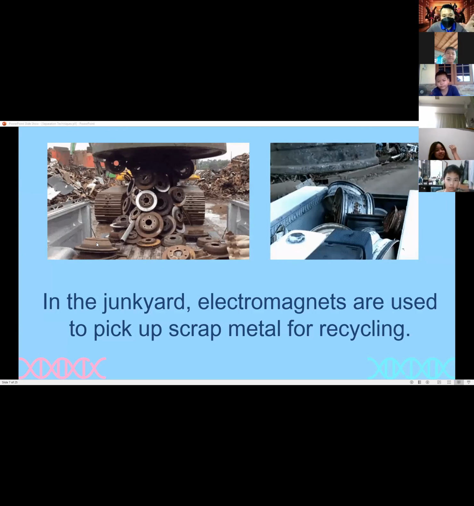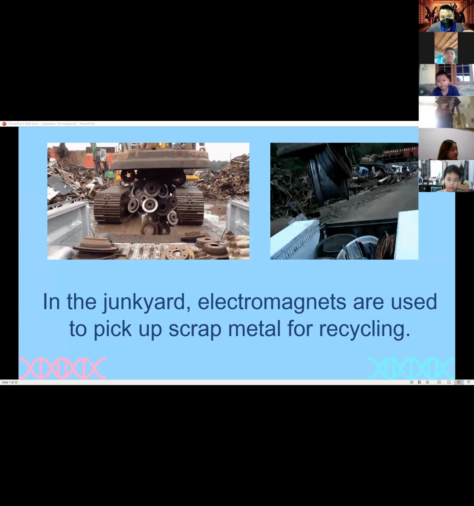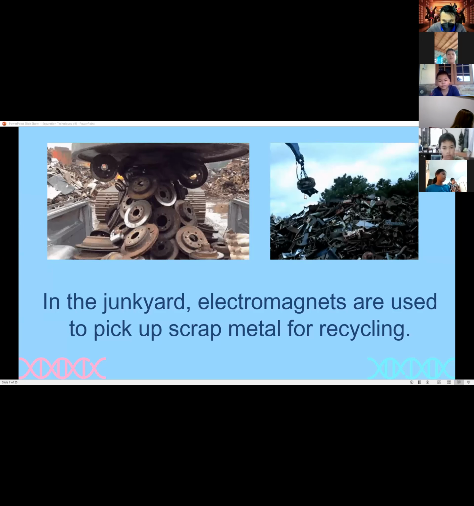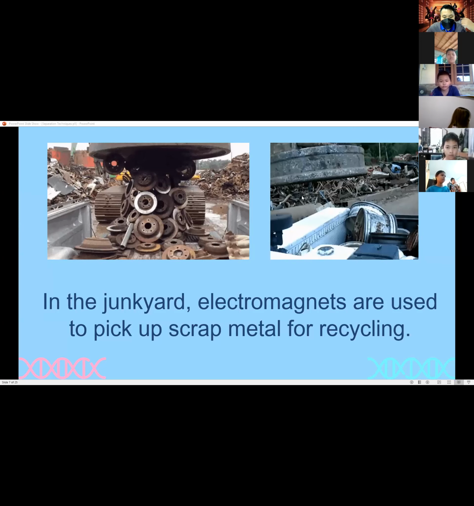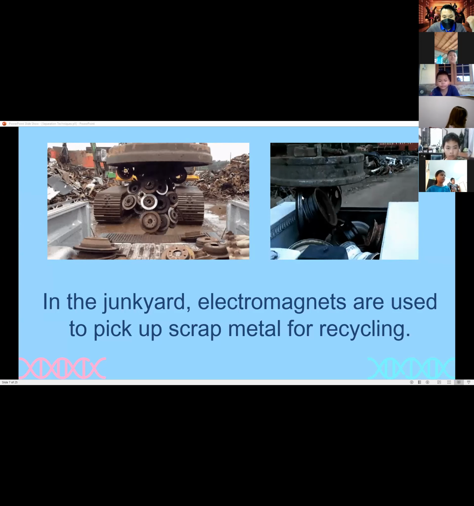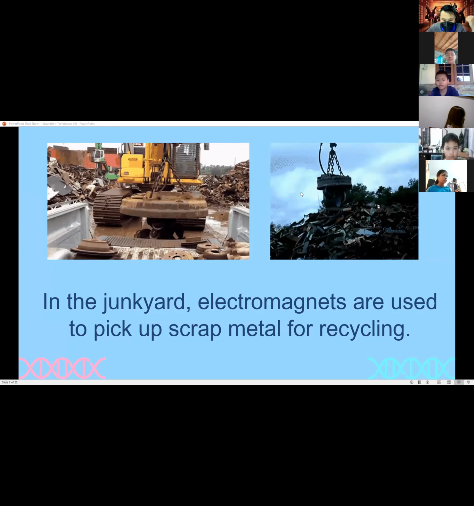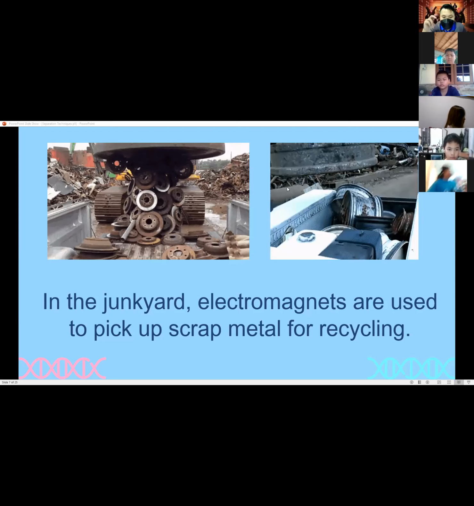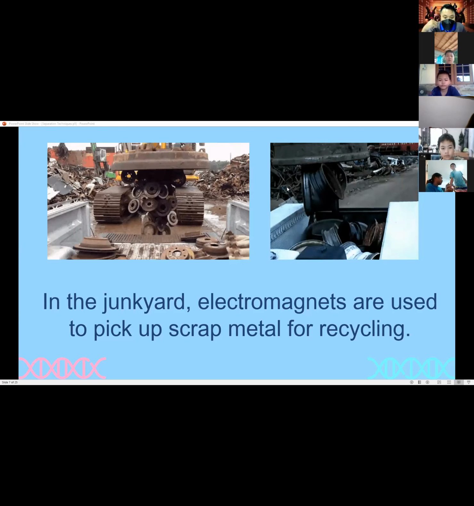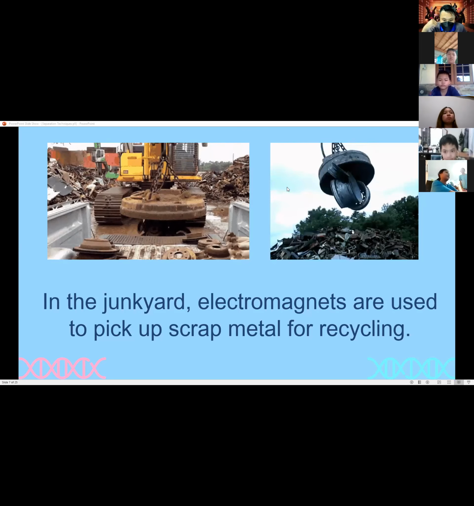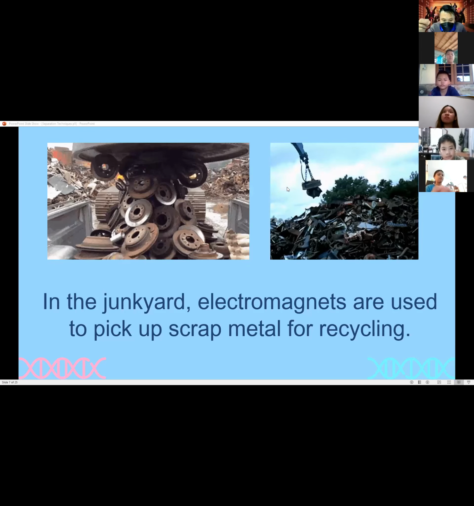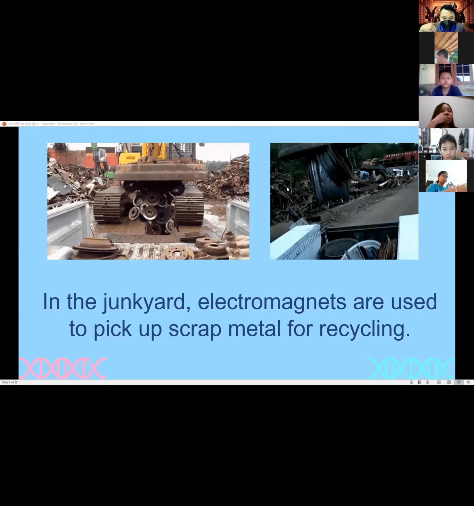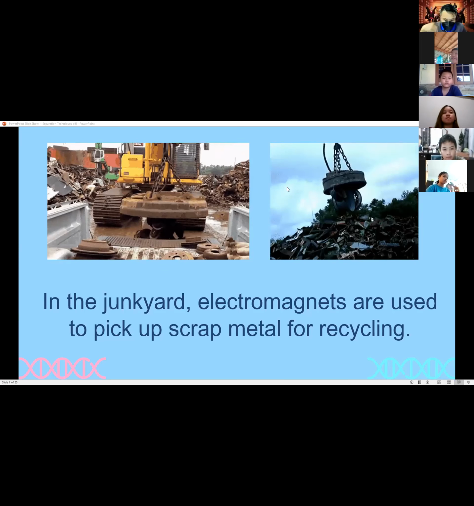So here, they get all the metals and then we'll put it together with the other metals like this. So electromagnets are controlled. Okay, it has the switch. Example, I will turn on the magnet and then after that, I will turn off the magnet. It can be turned on and then turned off.